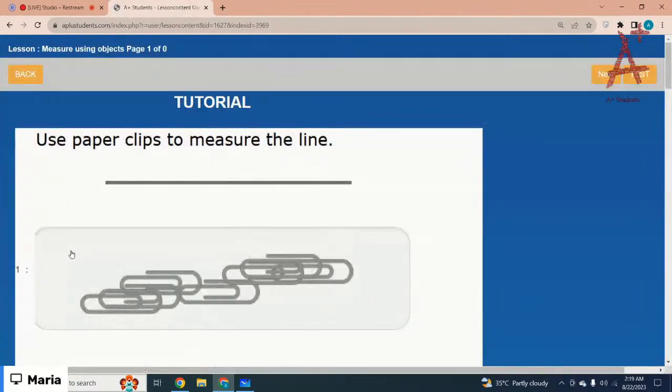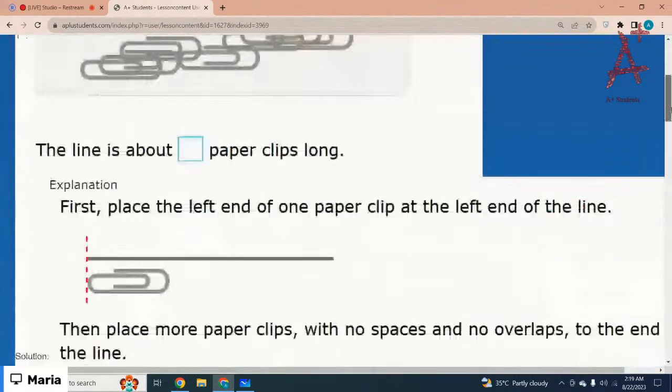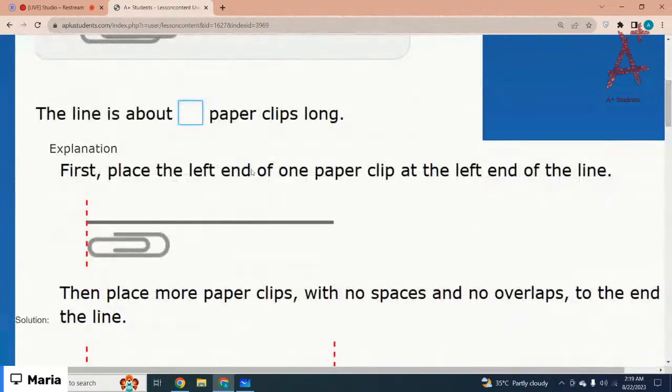We use paper clips to measure the line. You place the left end of one paper clip at the left end of the line.